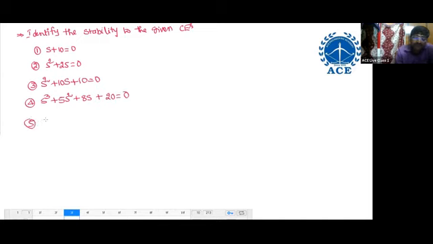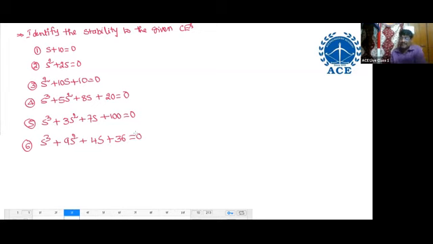Fifth one, S cube plus 3S square plus 7S plus 100 equal to 0. Sixth one, S cube plus 9S square plus 4S plus 36 equal to 0.